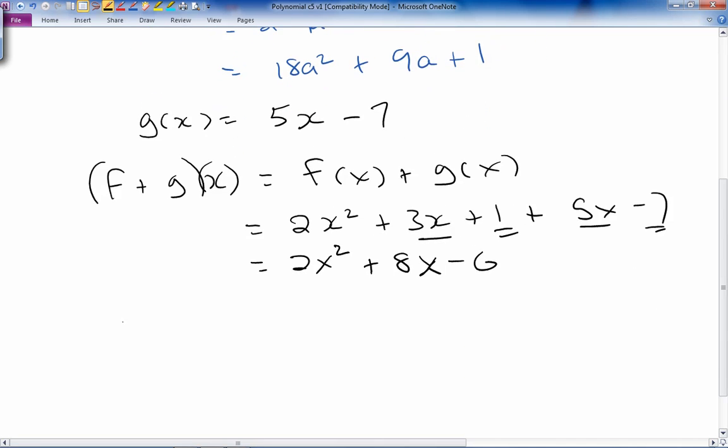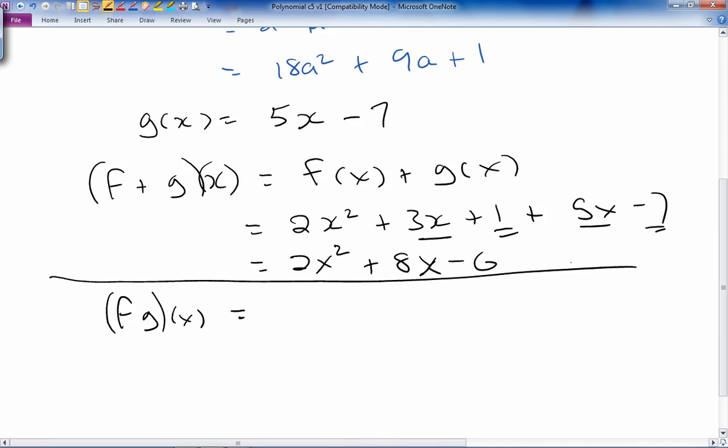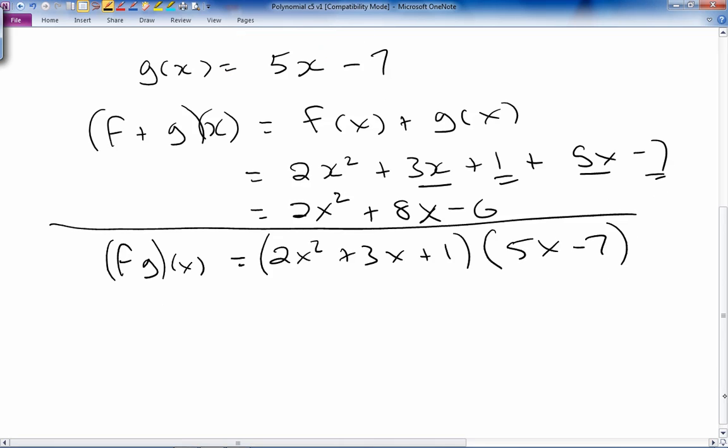We can also times. So we can 2x squared plus 3x plus 1 times that. And I'm not going to work that out. It will be something like 10x squared. Oops, not squared.